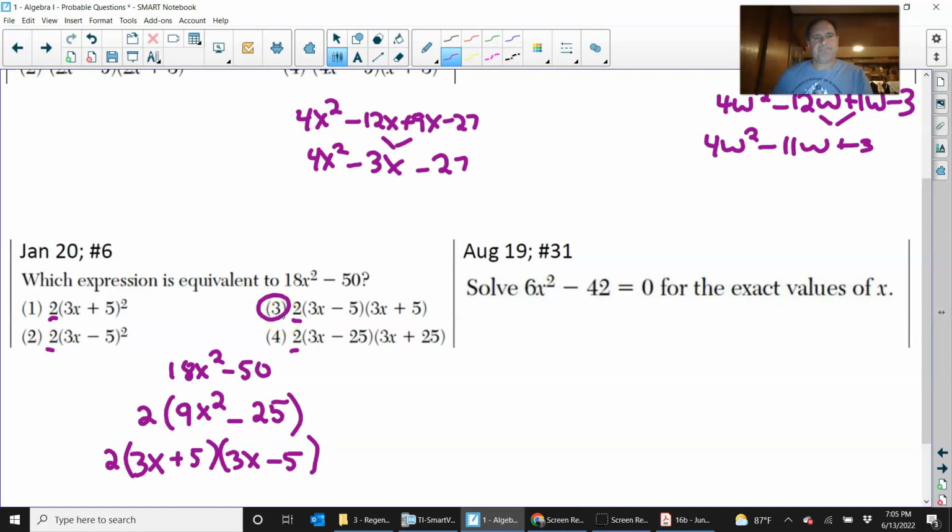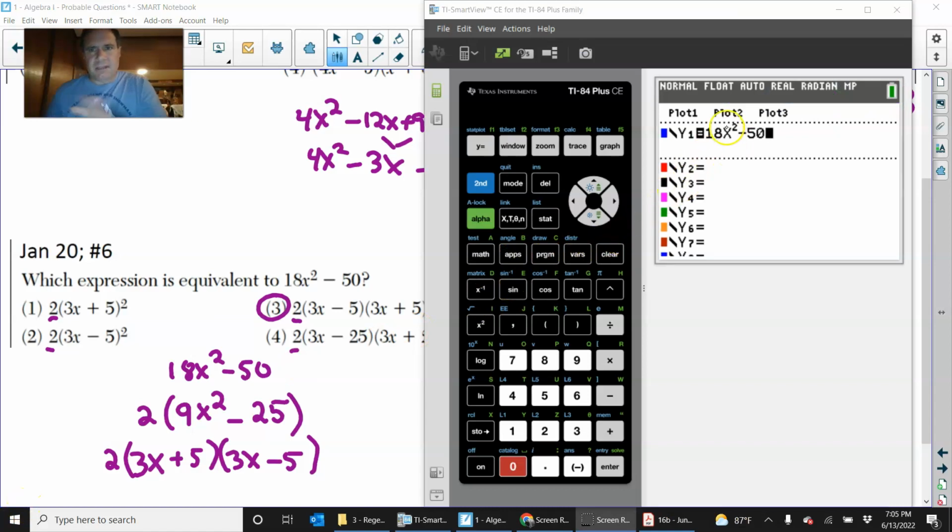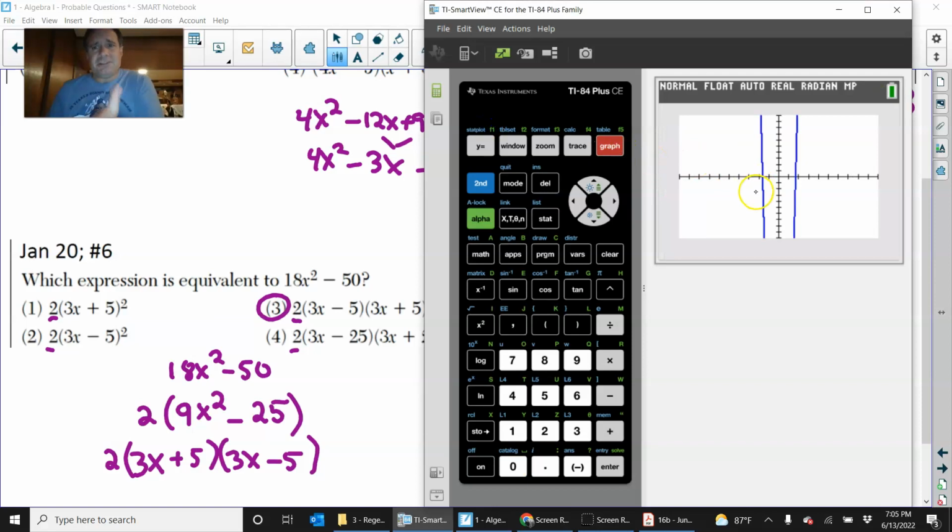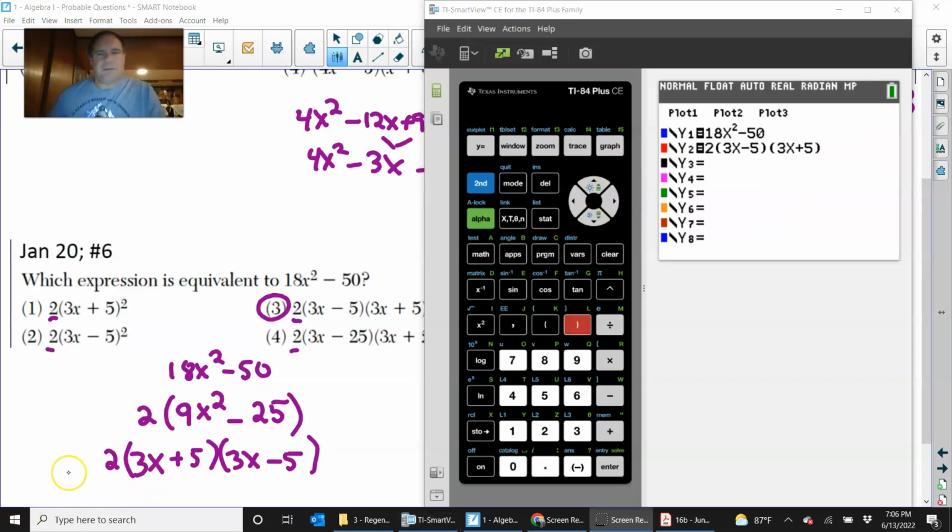Like that. All right, listen. If you don't know how to do this, here's a little bit of a trick. Do you see that I put 18x squared minus 50 into the graphing calculator? You see what the graph looks like? All right, here we go. Now, do you see that on y2, I just put this in as y2?